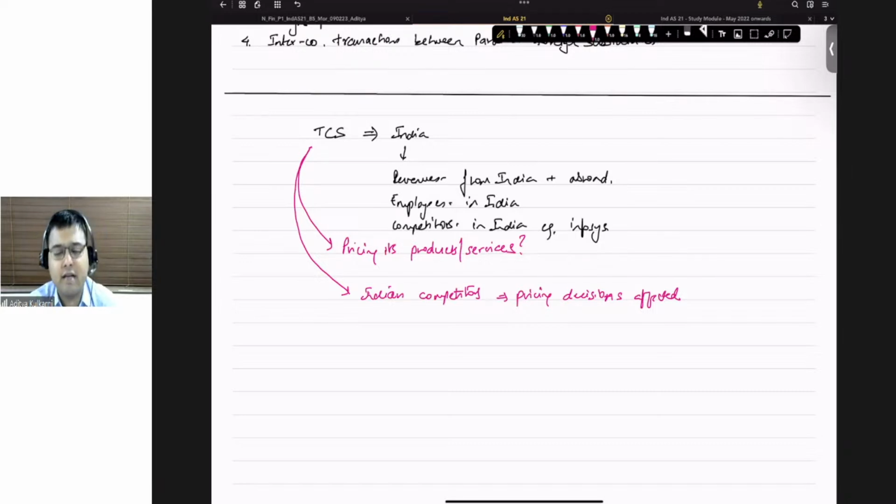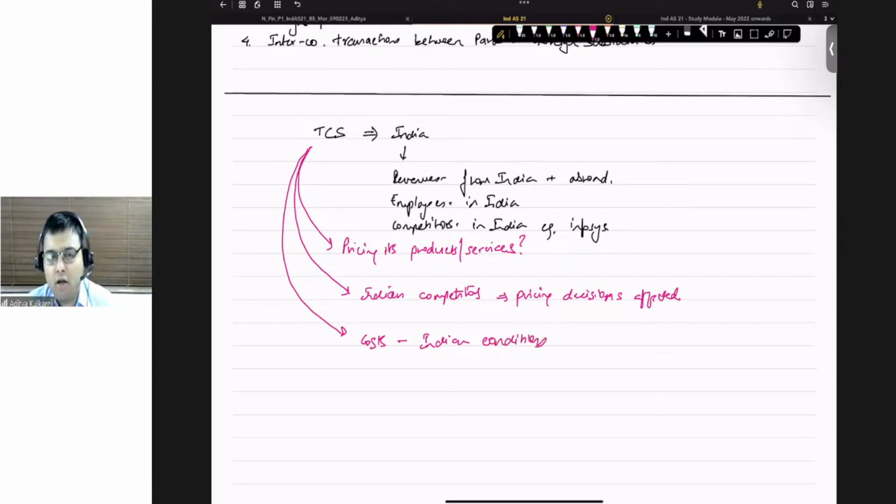Answer is, sir, clearly it is based on the conditions, the market trends within India. And therefore, even the costs are going to depend on the factors within India. So therefore, costs are also dependent on Indian entities, Indian conditions.